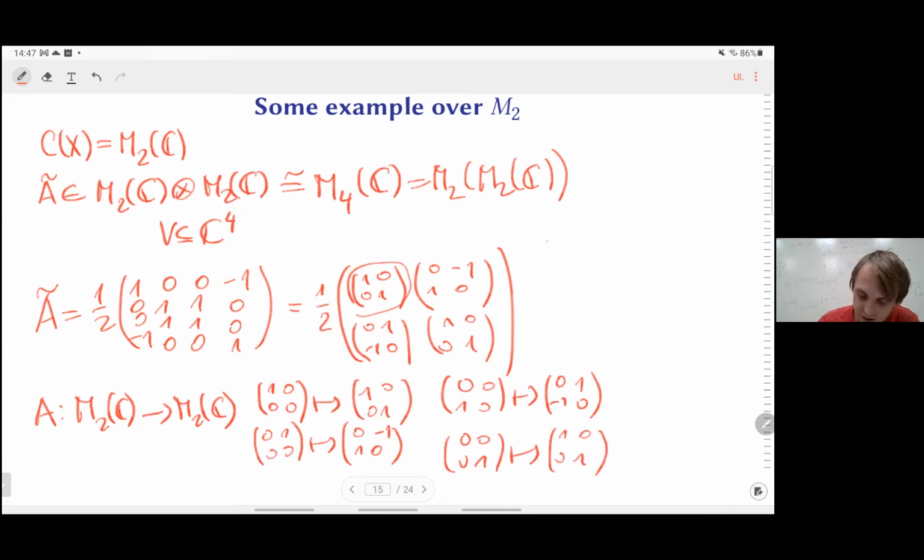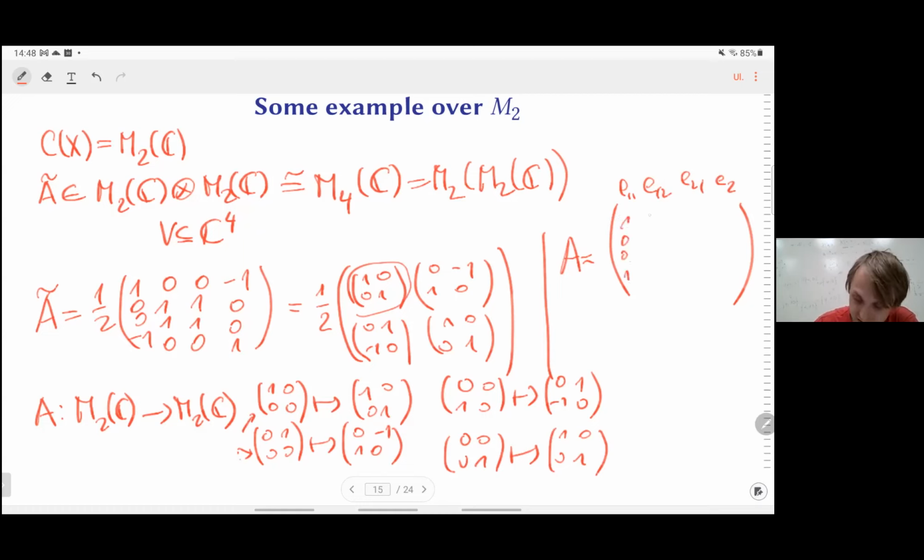And you can also, of course, write this adjacency matrix really as a matrix if you fix some basis of M2 of C. So I take those matrices as bases, and the image of the first matrix is 1, 0, 0, 1.